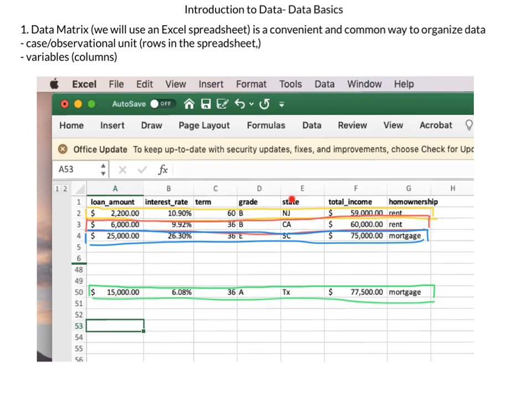This is the state the loan was taken out in, or where the borrower lives. So the $2,200 loan was taken out in New Jersey. The $6,000 loan was taken out in California. This column shows the total income of the borrower. So the person who borrowed $2,200 has a total yearly income of $59,000.